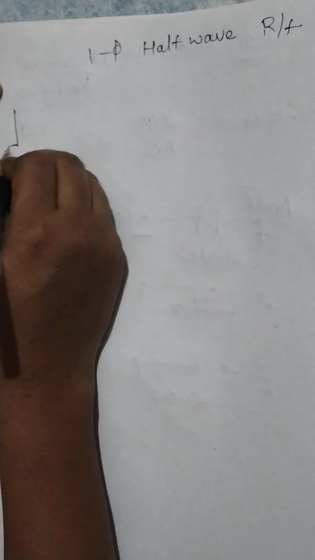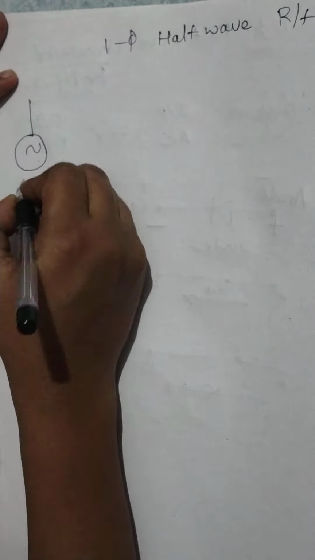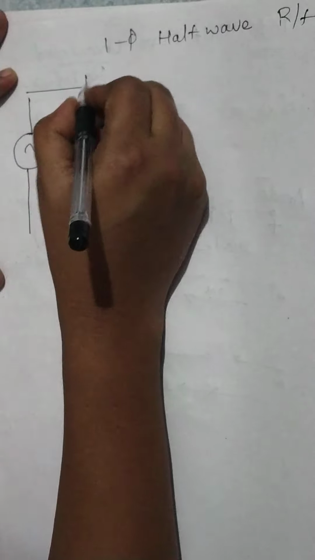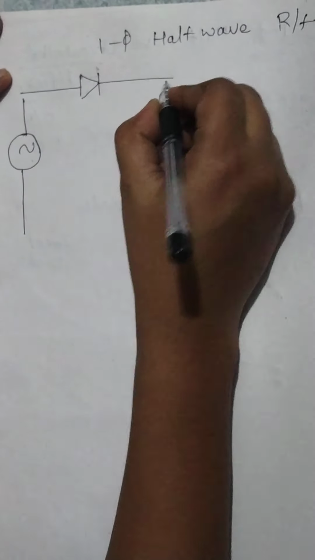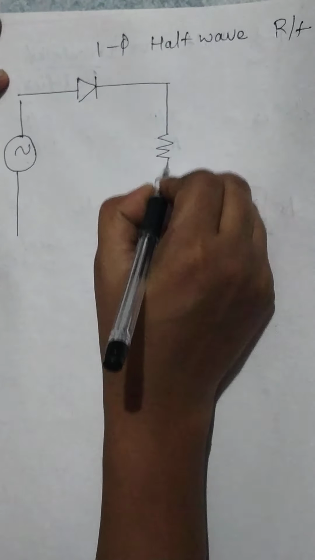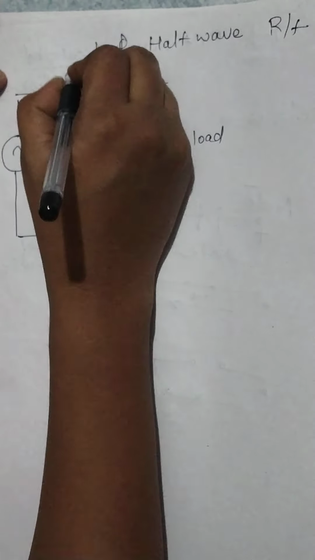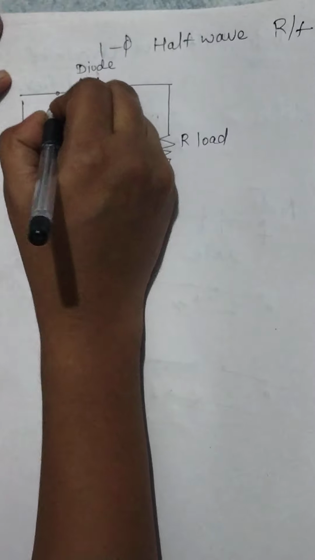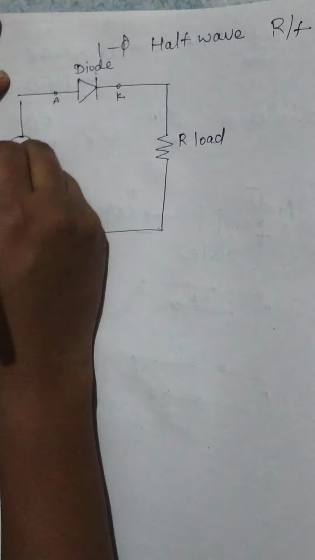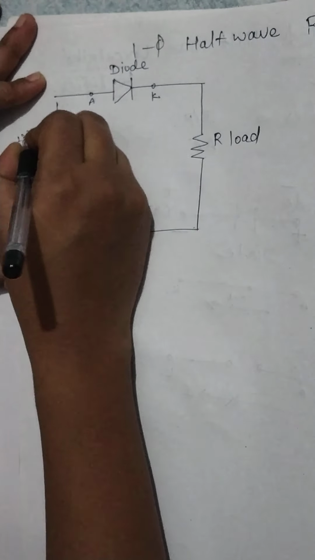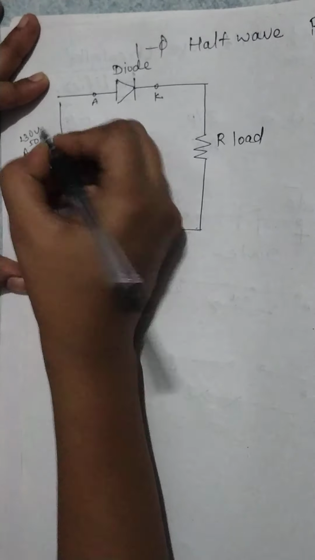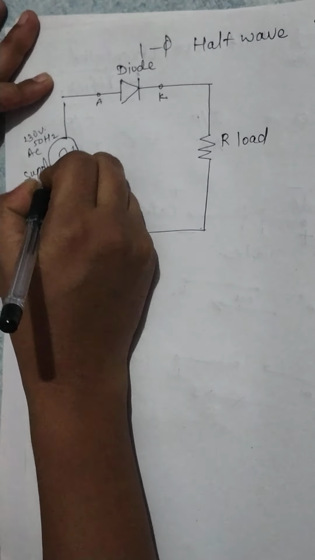This is the circuit diagram. Single phase AC supply, diode as a switch, and load, which is the resistive load. Two terminals of the diode, and this is the 230 volt 50 hertz AC supply, right?